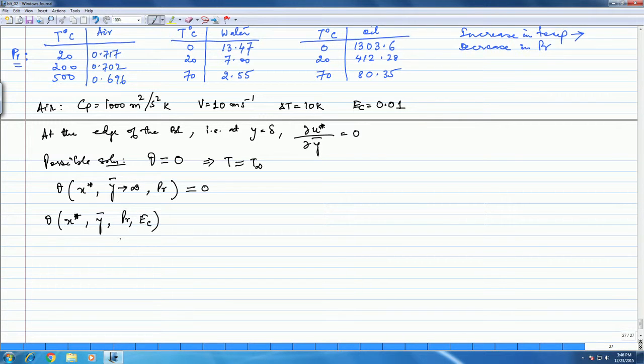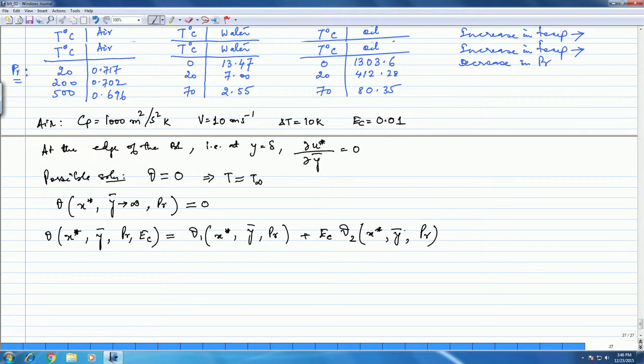So, it has a standard solution theta 1, which is a function of x star, y bar, and Prandtl number, plus Eckert number into theta 2, a function of x star, y bar, and Prandtl number.